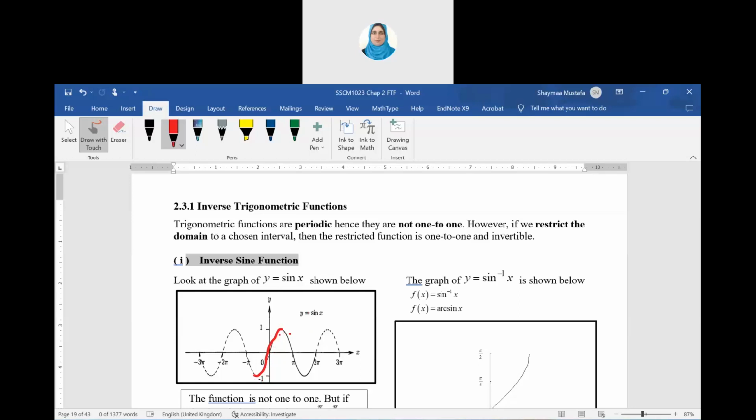Okay, how to plot the inverse? We need to reflect this graph around the line y equal to x, because any function and its inverse are symmetrical around the line y equal to x.